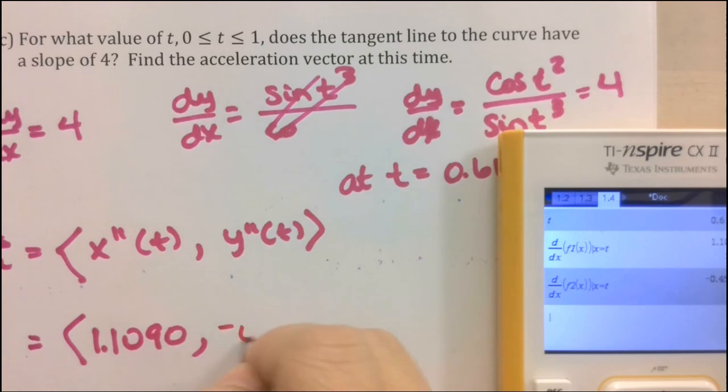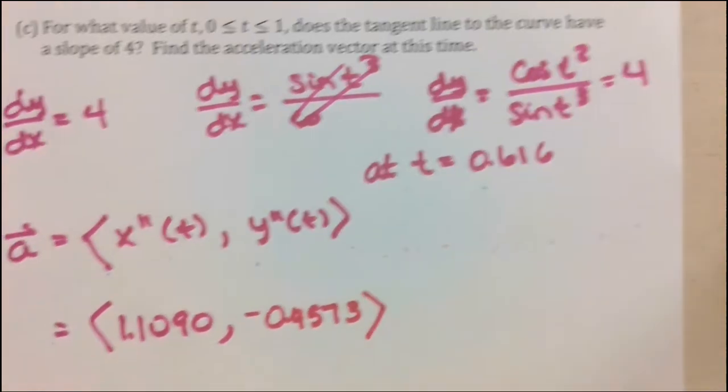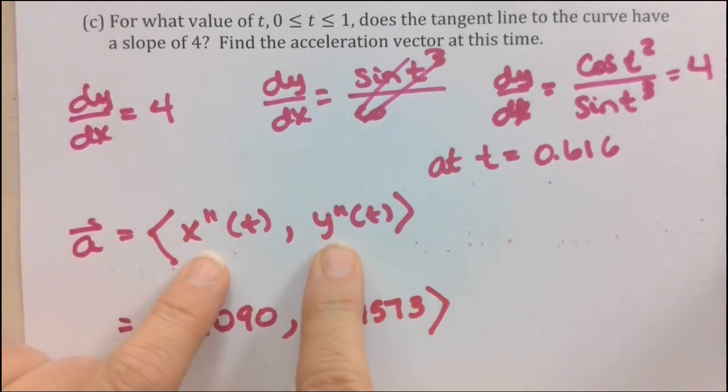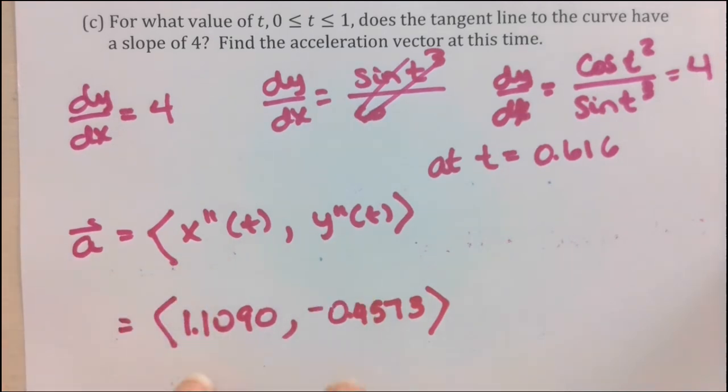So that's negative 0.4573. And this is all the work that we need to show here. It is a calculator question. I'm showing that I know the acceleration vector is the derivative of the velocity vector, and then we just did the work in our calculator and found our vector.